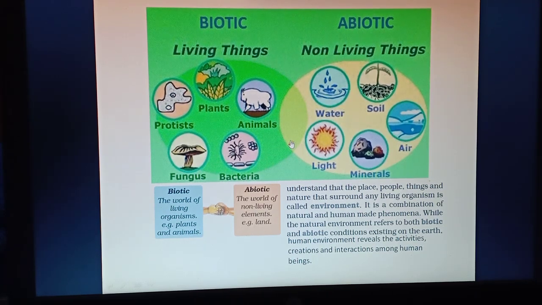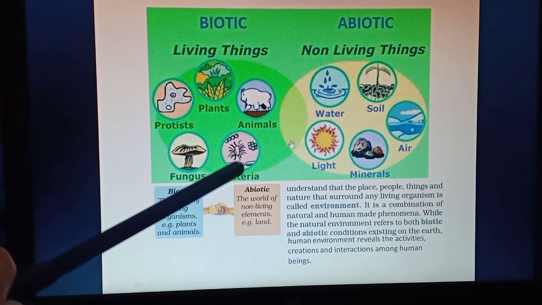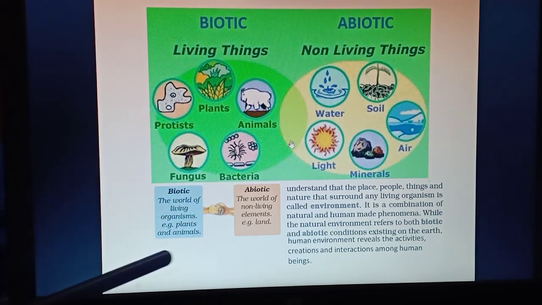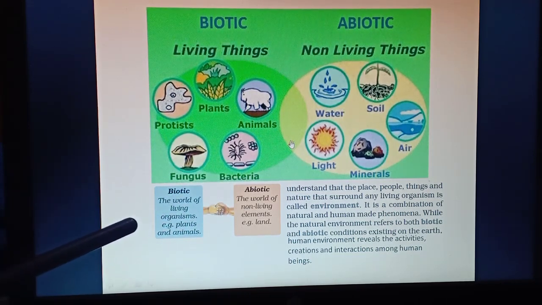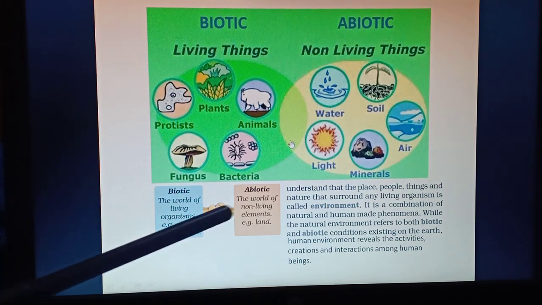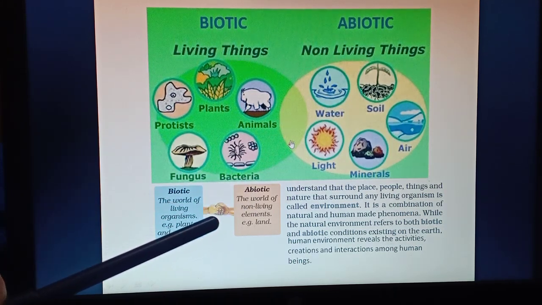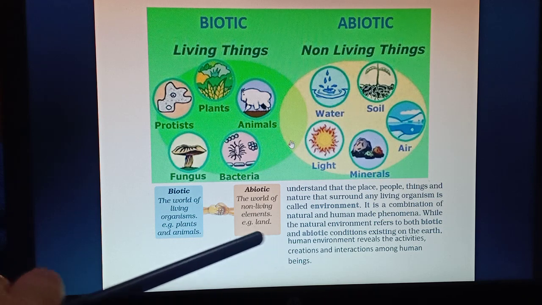So let's quickly understand the definition of biotic and abiotic. Biotic is what? The world of living organisms, for example plants and animals, and we humans also come in the biotic category. Abiotic is the world of non-living elements, for example land.